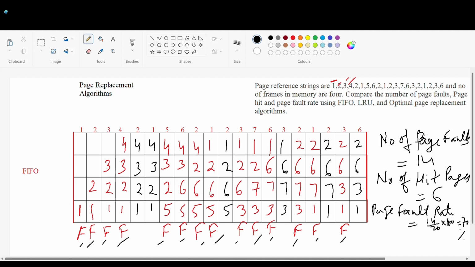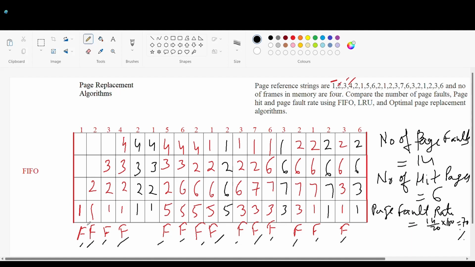Now solve this question. I will take page number 1, then 2, then 3, then 4. Now I have to enter 2, and 2 is already there.